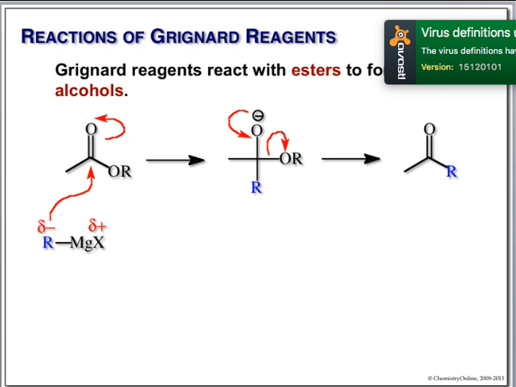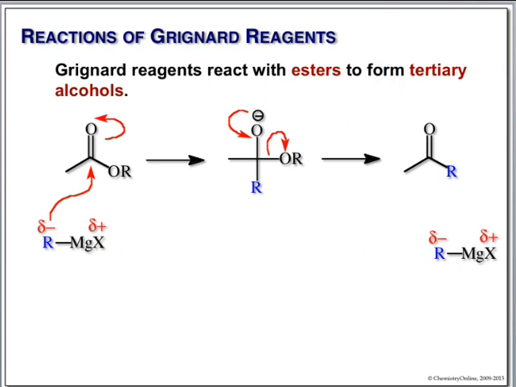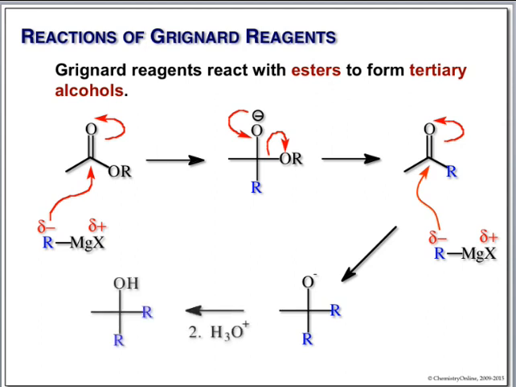Ketones, we already know, react with Grignards. So we have more Grignard in the pot. We just made a ketone, so the anion will now attack. We have our tertiary alkoxide, which we simply protonate to give the tertiary alcohol. The thing to remember, the alkoxy portion is lost, totally lost.